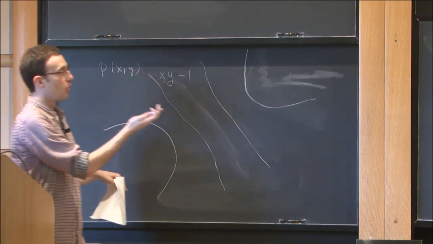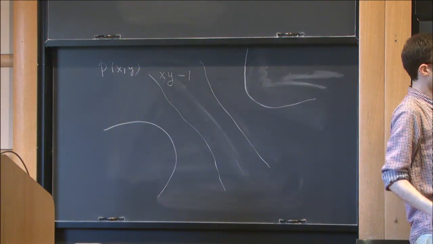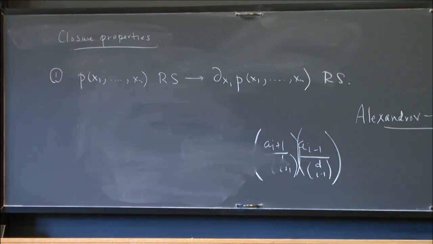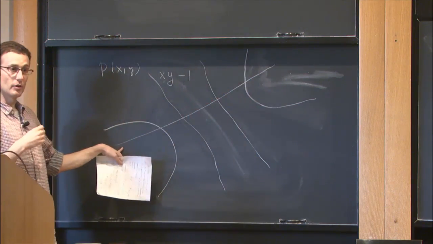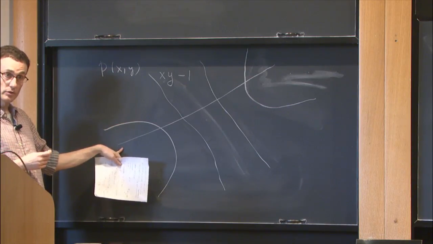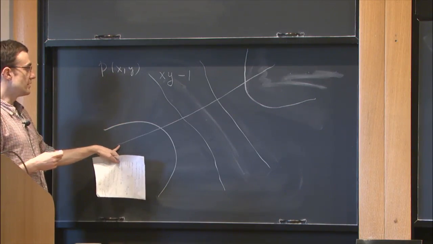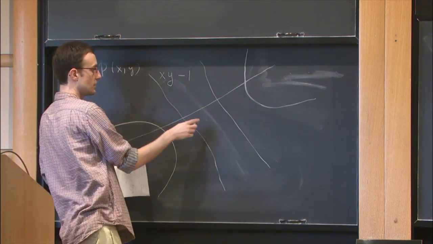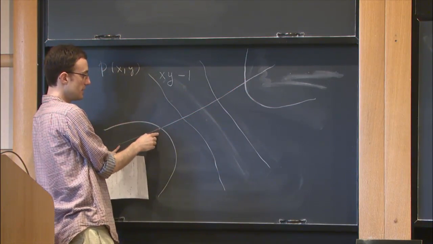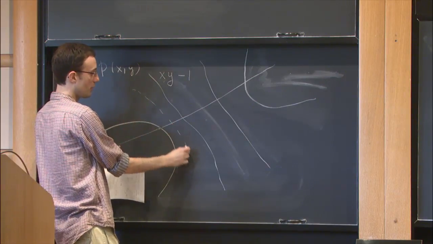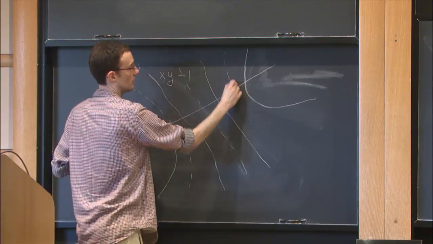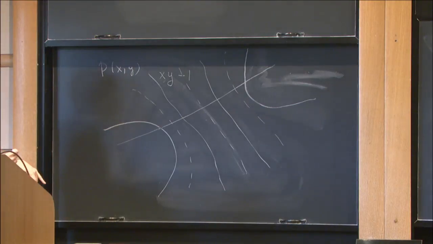And the idea of why the partial derivative maintains real stability is that if you look at some line that goes like this, it is a real rooted polynomial. And so when you take derivatives, the 0 sets of the derivative fall in between these lobes, I guess.